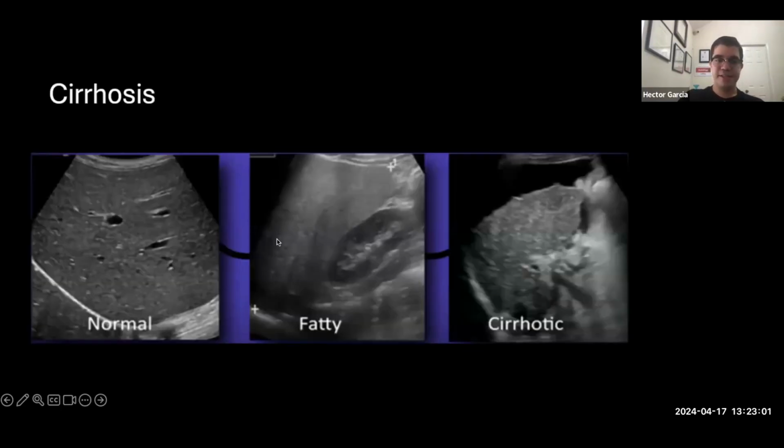Now this is cirrhosis, and I put the three of them: the normal, the fatty, and then the cirrhosis. Right here we see that in cirrhosis, the liver gets very nodular and shrunken, and you can see this nodular appearance of the liver.